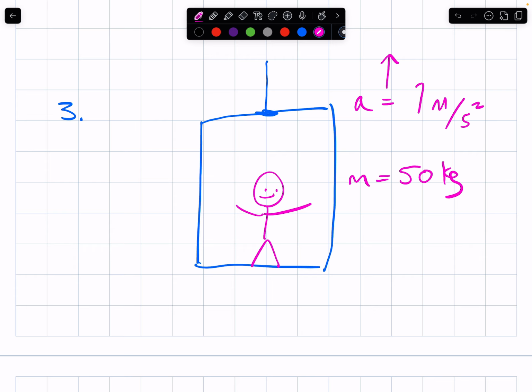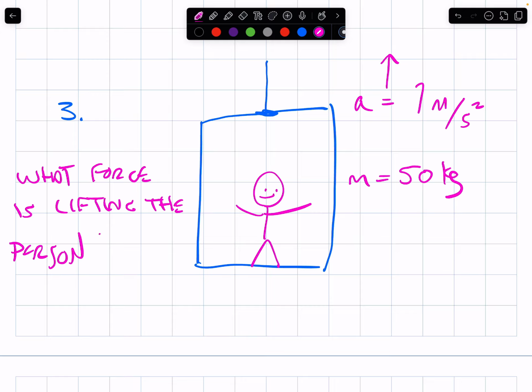And so the question is, what force is lifting the person up, because that person is moving up? Well, it can't be gravity. Gravity is definitely acting on that person.